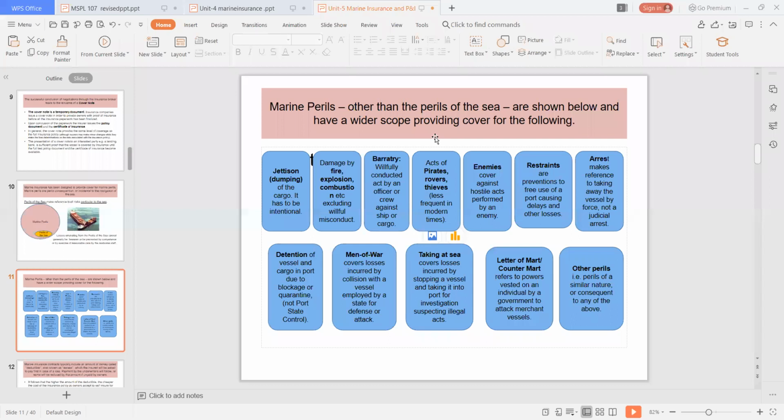Letter of marque and countermarque refers to powers vested in an individual by a government to attack merchant vessels. Other perils, that is perils of a similar nature, consequent to any of the above. So kindly note down all of these perils. Other than the perils of the sea, what are the possibilities that occur?